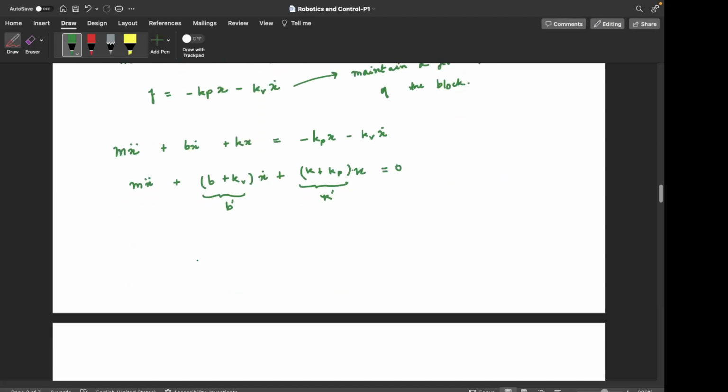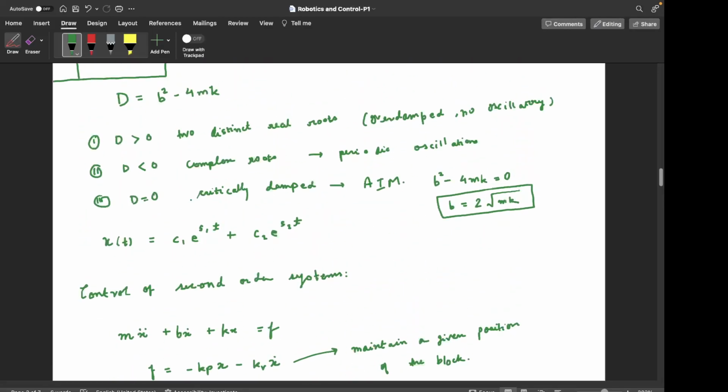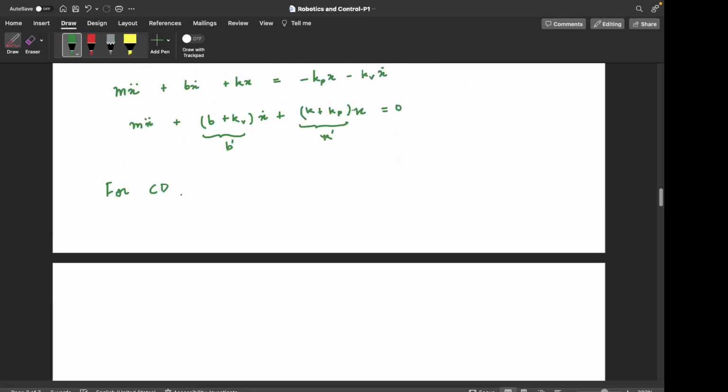So if we want our system to be critically damped, CD, critical damped, then we have b dash is equal to 2 under root k dash m, right?